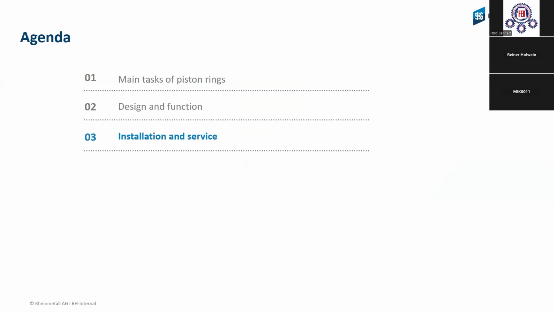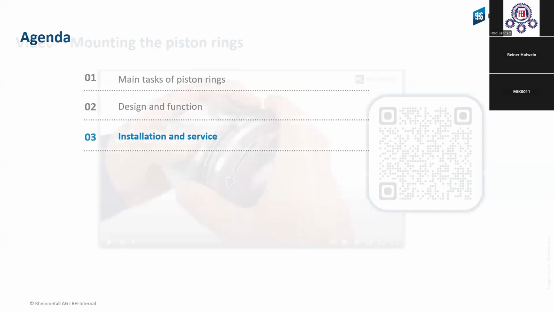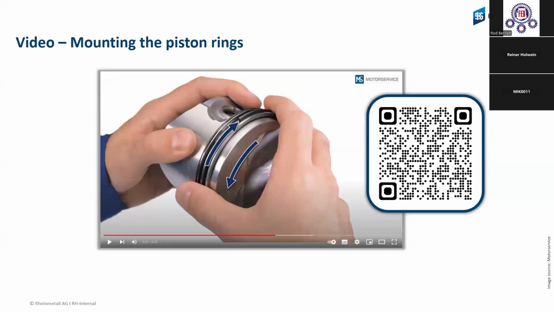We will come to the installation and service. This is what I said. We must look that the piston ring can move in the piston ring groove. You will also find a video on how you can install a piston ring in a piston.